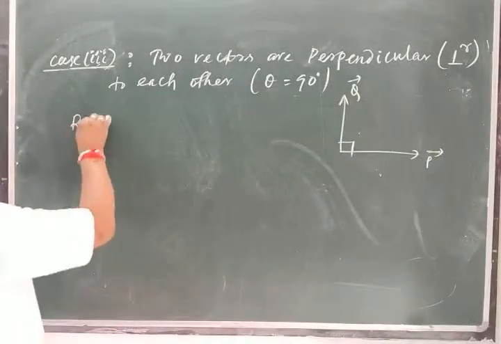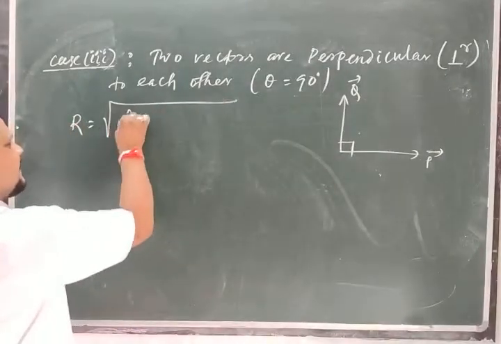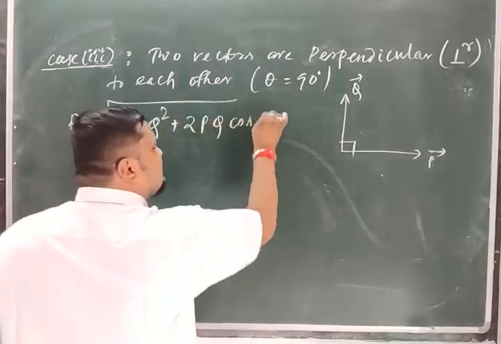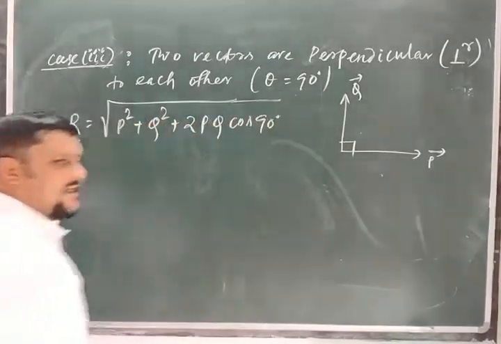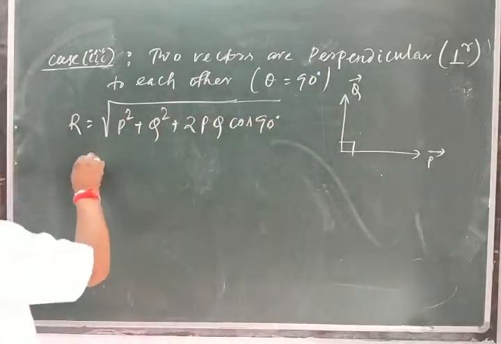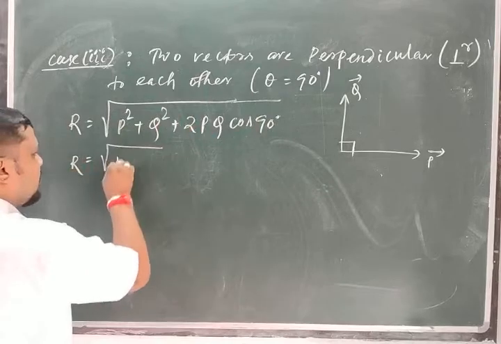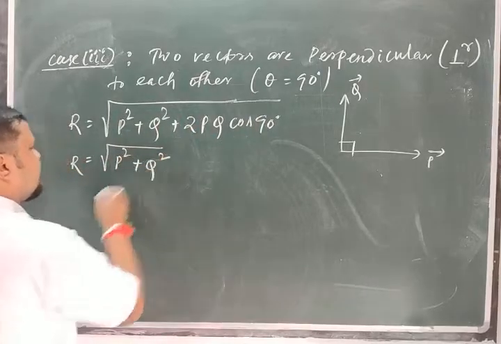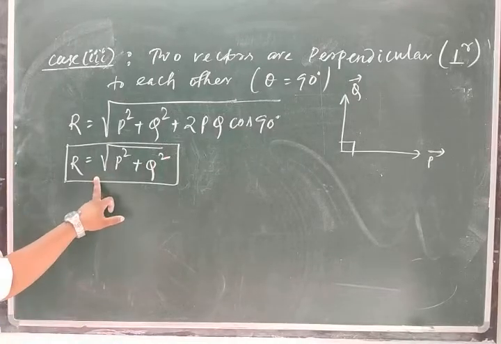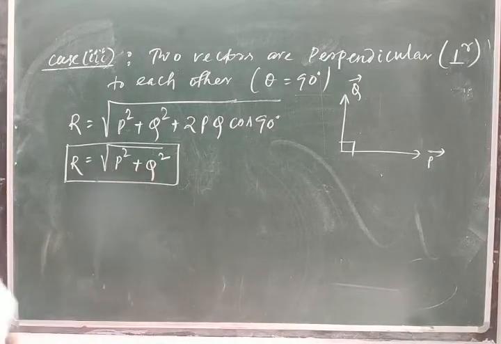Then R is equal to root over P square plus Q square plus 2PQ cos 90. What is cos 90? 0. Put that 0. 0 multiplied with anything is 0. So R is equal to root over P square plus Q square. When they are perpendicular, the magnitude is square root of P square plus Q square.